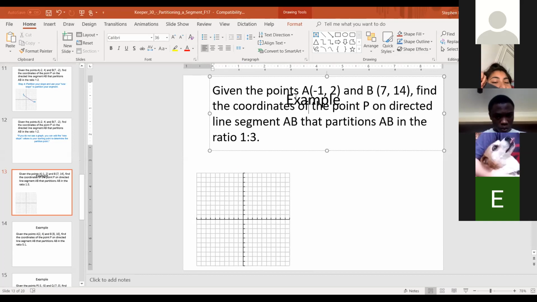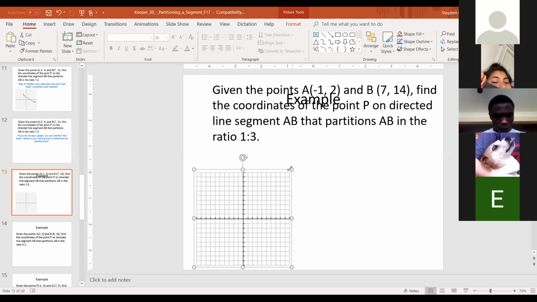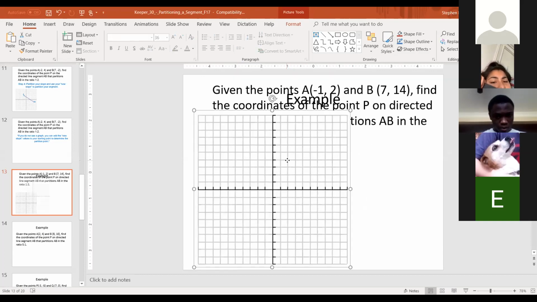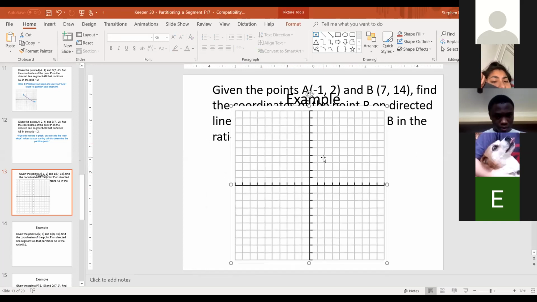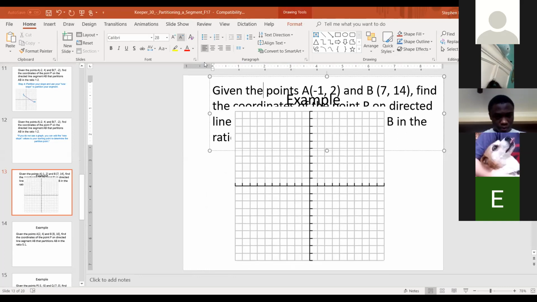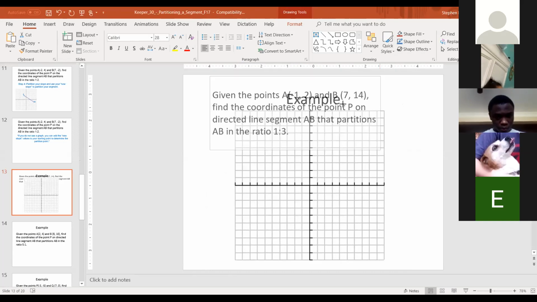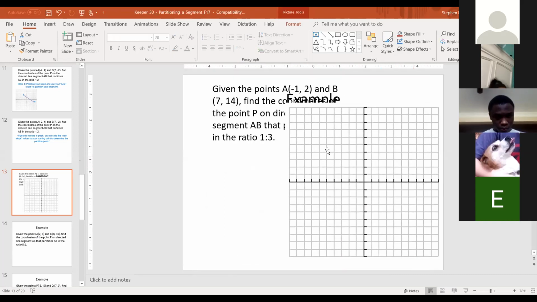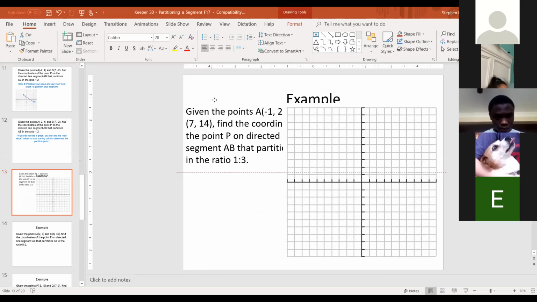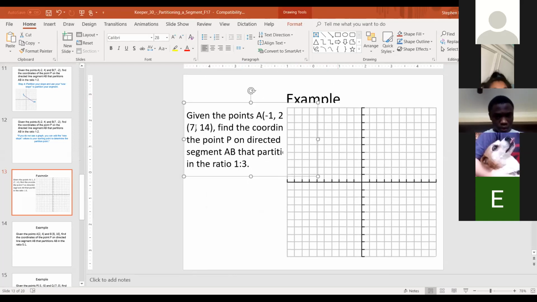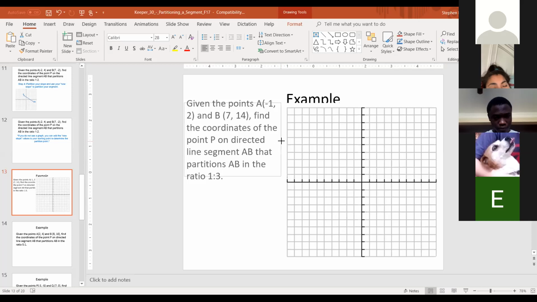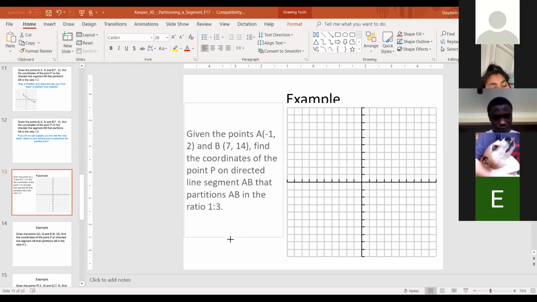All right. I'm just going to move this over here so we still can see everything. And people, can y'all still see my screen? Yeah. All right. Let's work this one out.